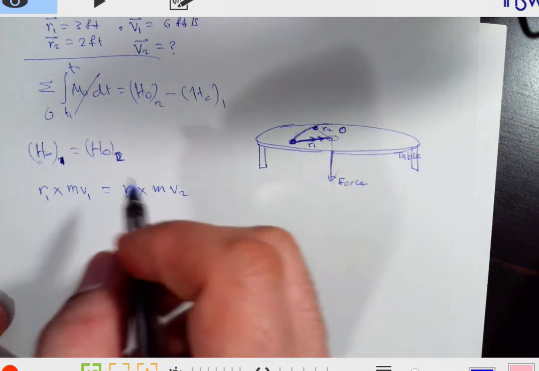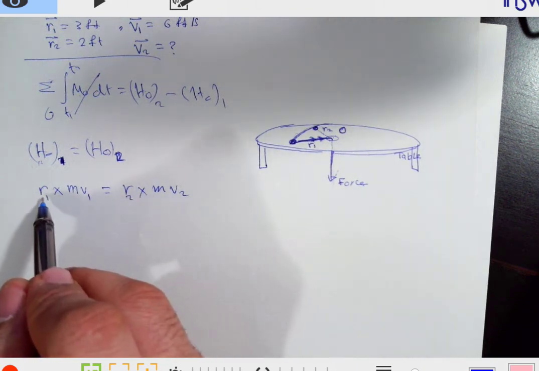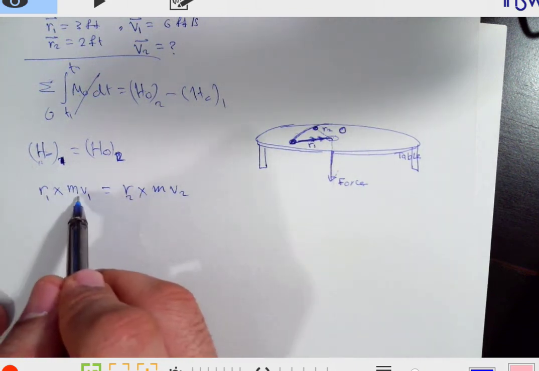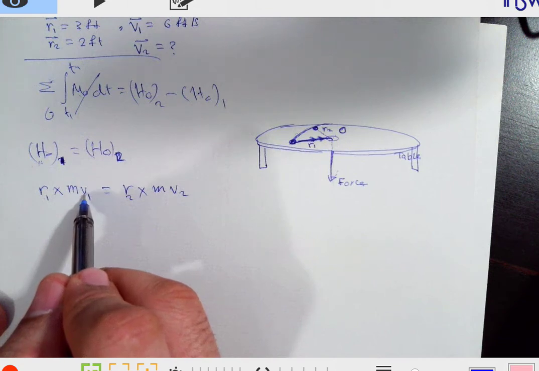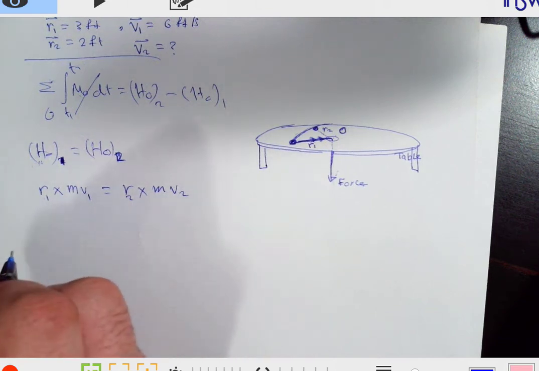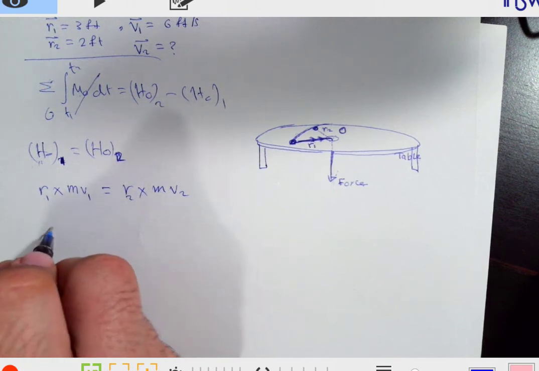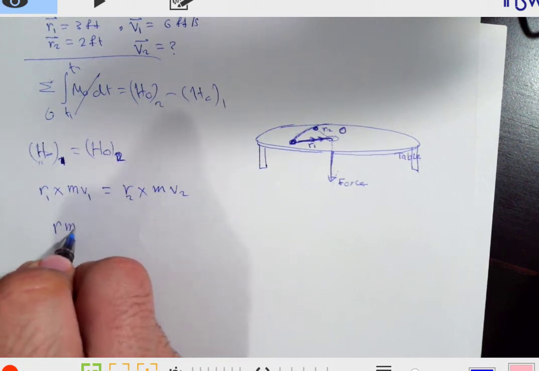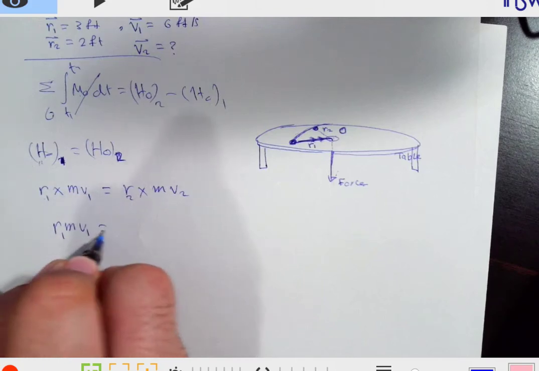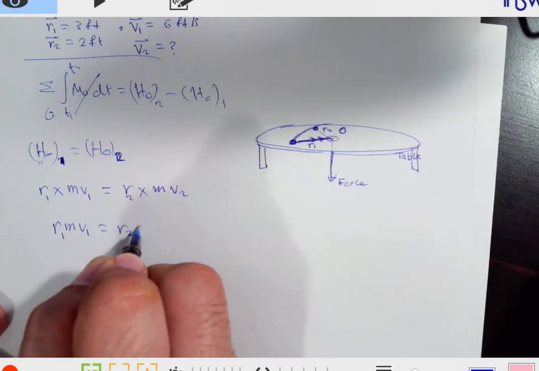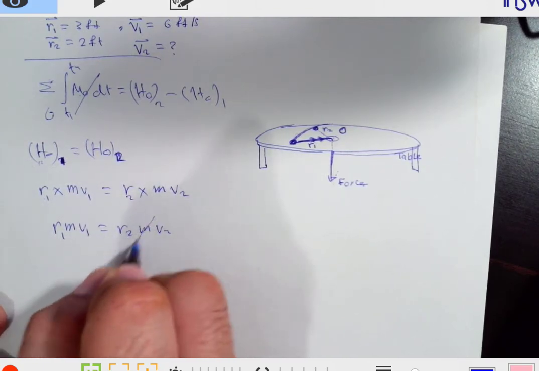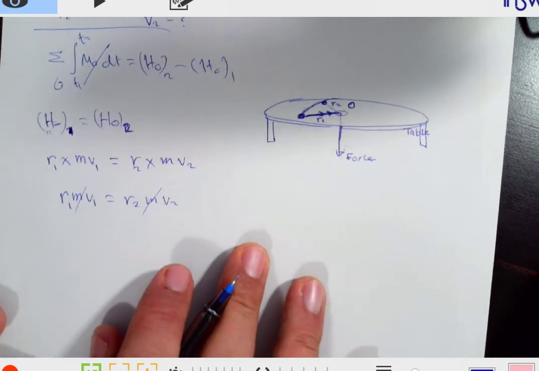And since r and v are orthogonal, sine 90 is 1, so I can say r1 m v1 equals r2 m v2. It's the same mass, so it cancels, and I don't need to know anything about mass.